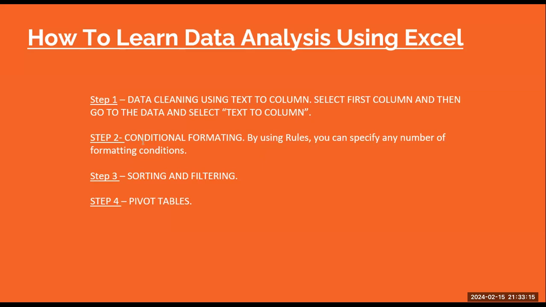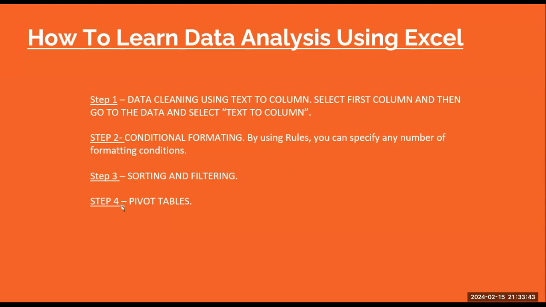And second, we will apply some format, some rules. And any specific format that is required, we will apply into the columns. And then we will use the sorting mechanism and filtering mechanism. And once it is done, then we will apply the pivot table method to visualize that. So in this fourth step, we will be achieving data analysis using Excel.